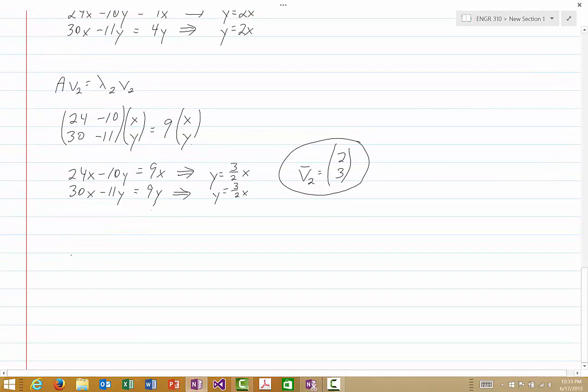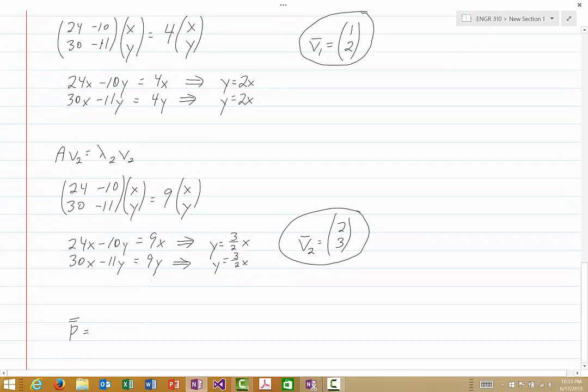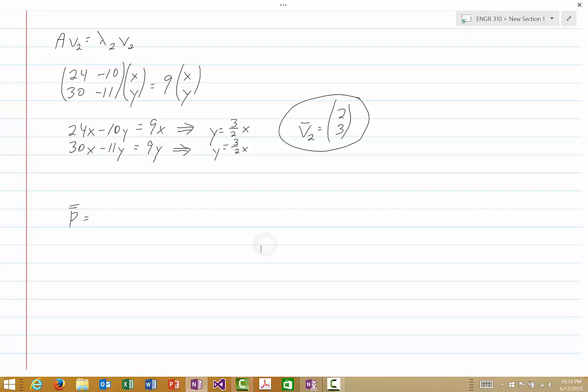And therefore our P matrix will be (1, 2; 2, 3).